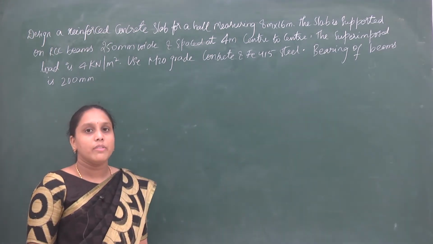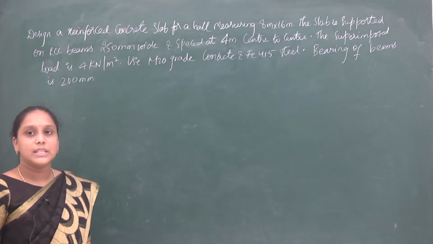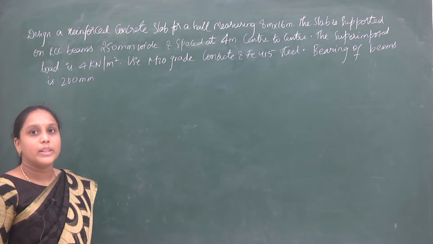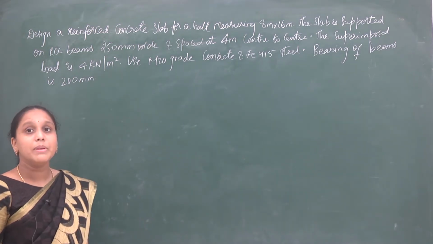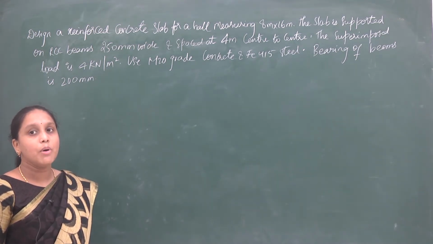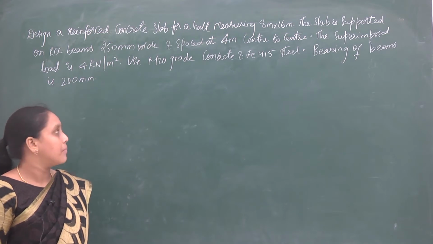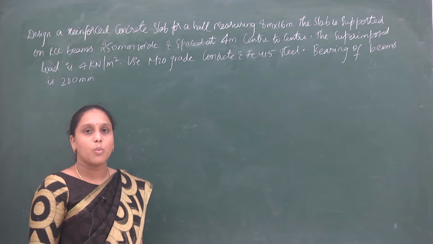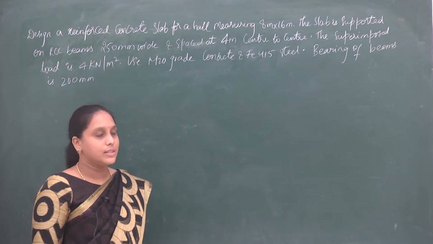So from this we can say that we have to design for a continuous slab. Now let us see whether the slab is a one-way continuous slab or a two-way slab.